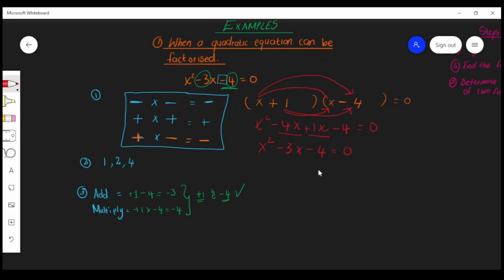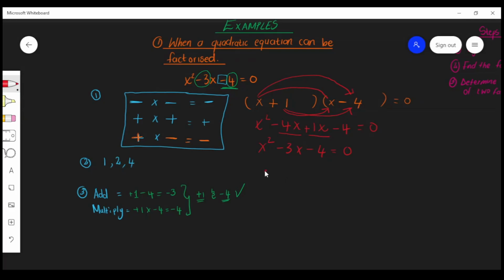Therefore, this tells us that we have factorized our equation correctly, and therefore the factorized version of our quadratic equation will be open bracket x plus 1 close bracket open bracket x minus 4 close bracket, equal to 0.